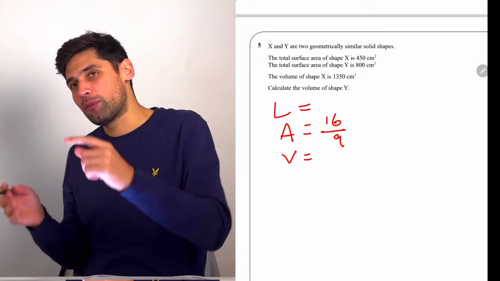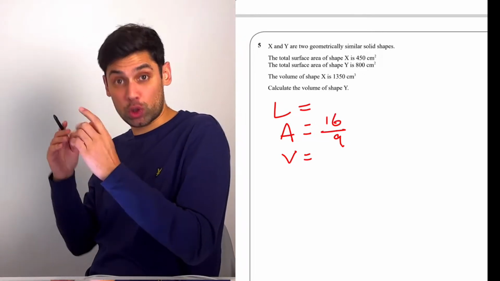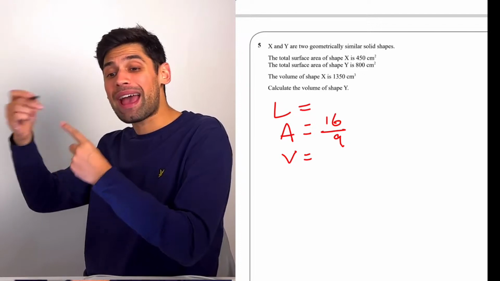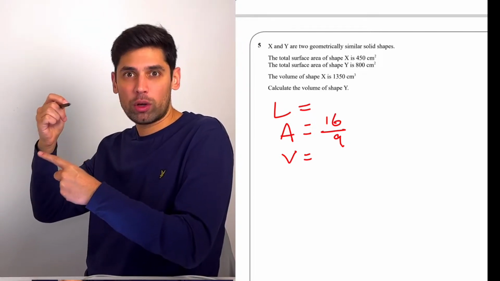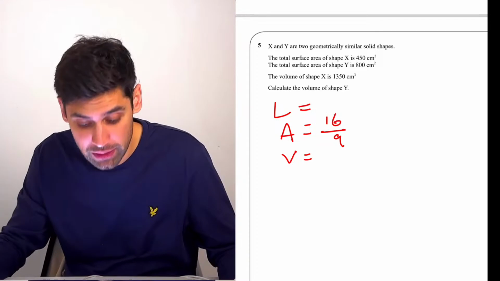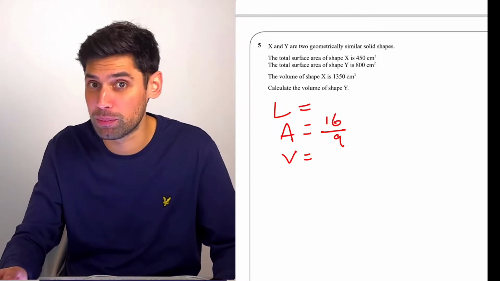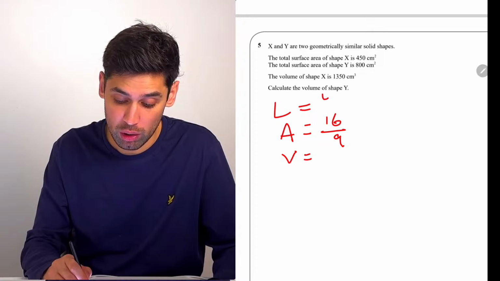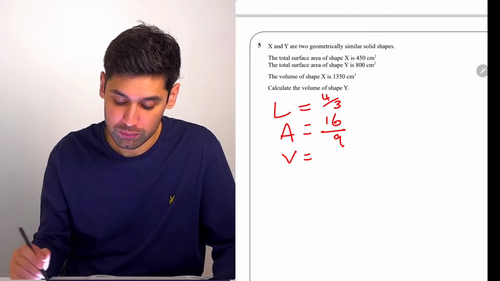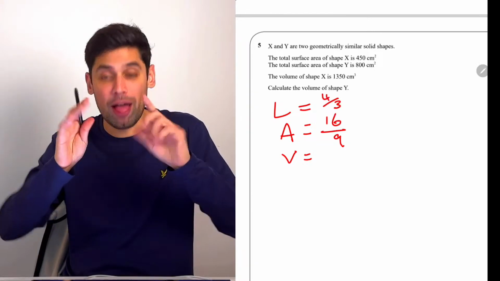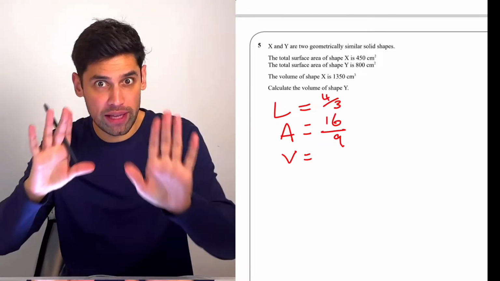Now, previously, if we knew the length scale factor, we would square it to find the area scale factor. So if we know the area scale factor, what do we do to find the length scale factor? We square root it. And nicely enough, both of these numbers, 16 and 9, are square numbers. So square rooting them is really easy. It's just going to be 4 over 3. And then volume, well, remember, we cube the length scale factor, not the area.